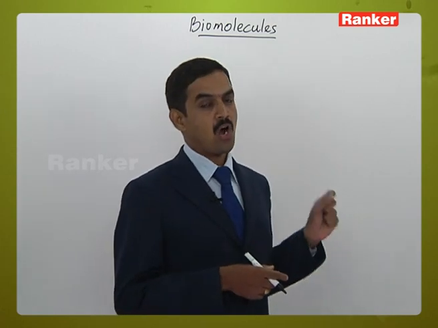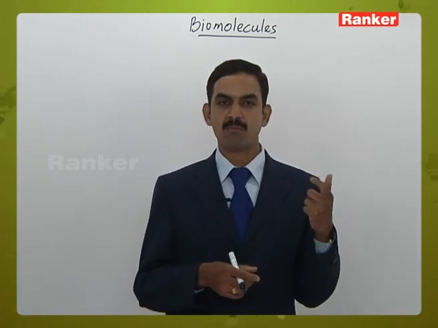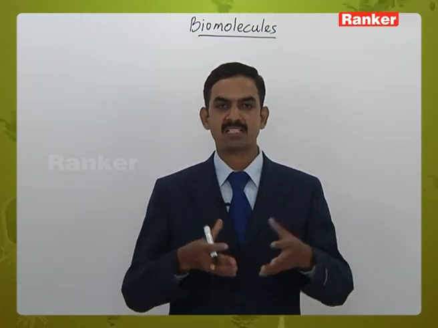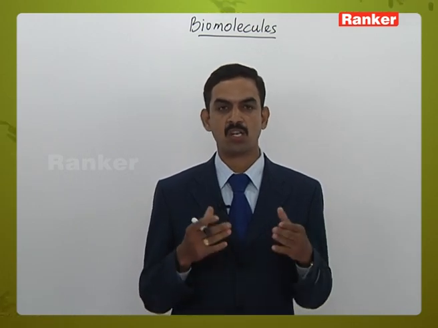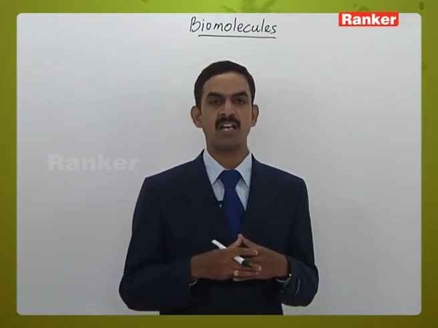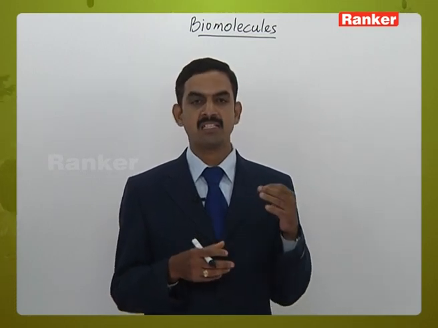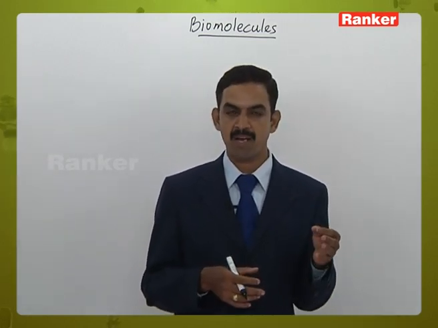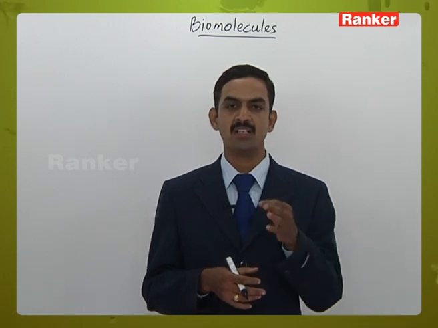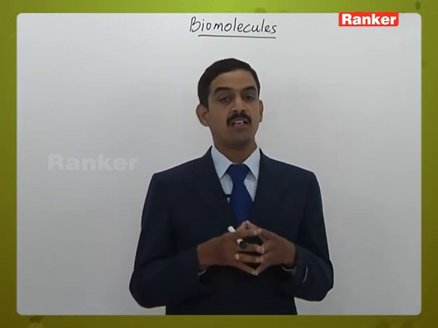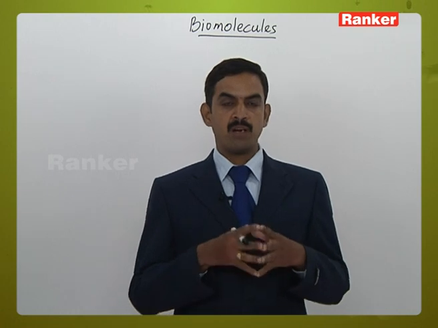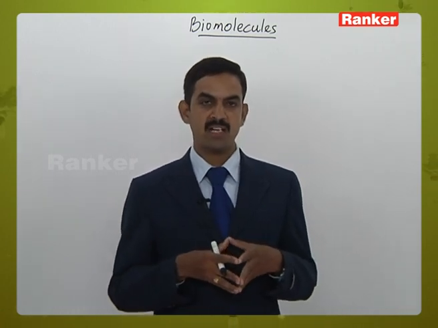Here, the macromolecules or micromolecules, that is, the organic molecules which are present inside a living organism, are called biomolecules, and these are majorly made up of carbon, hydrogen and oxygen. Which types of organic molecules are present in a living system?